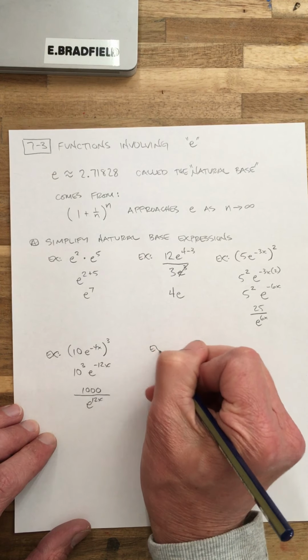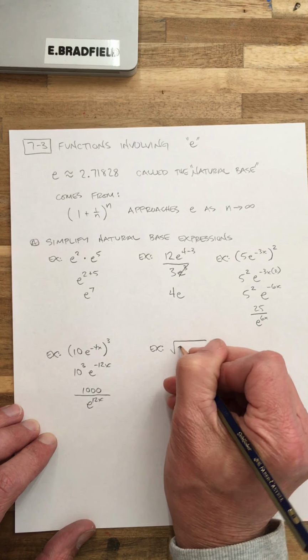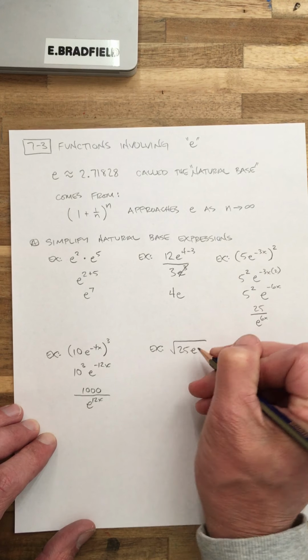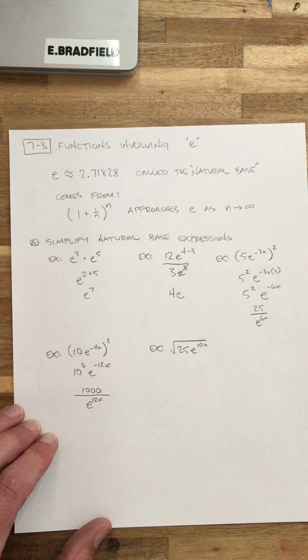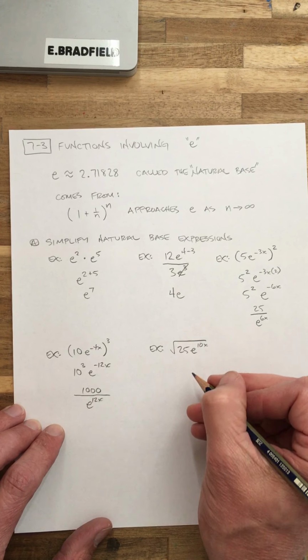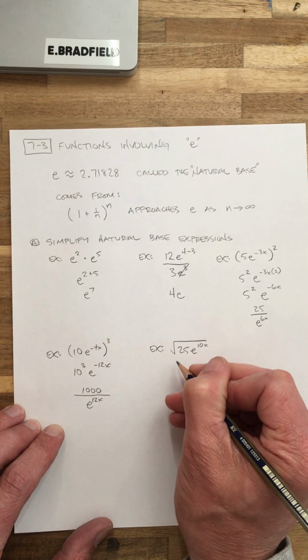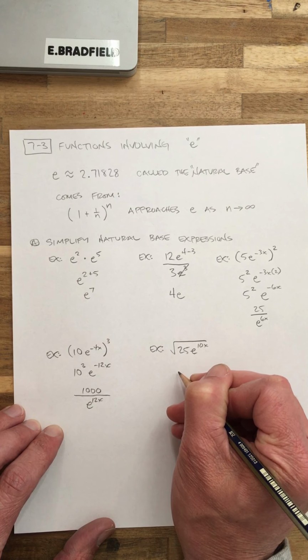And let's see if you guys can do this example real quick. How about the square root of 25e times e to the power of 10x? See if you could do that. All right, here we go. The square root of 25, isn't that just 5? If you want, check it out.